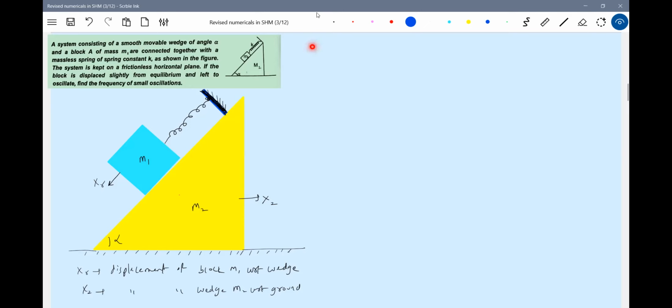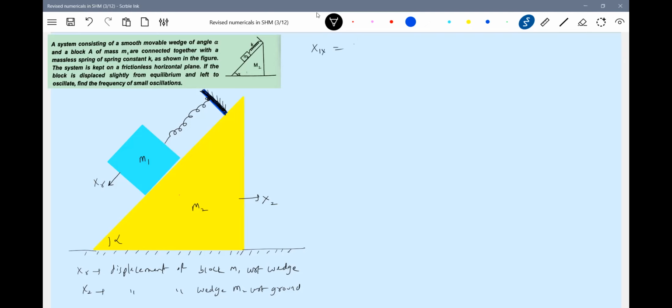So it will be x1. For that, it will be xr cos theta, displacement of block with respect to wedge along x-axis.